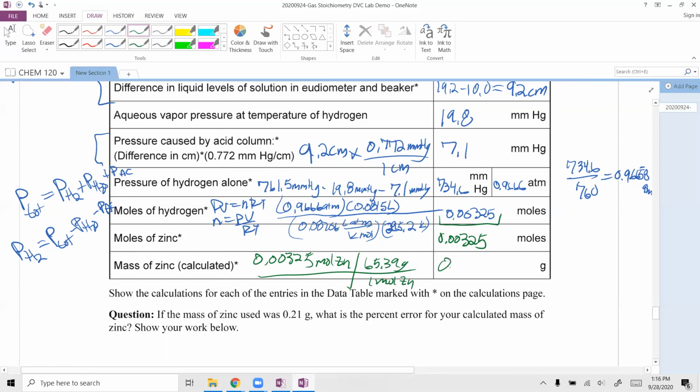And so this is going to be 0.2127 grams of zinc. And when we look at our significant figures, 7 is greater than 5. And so that should become 0.213 grams.